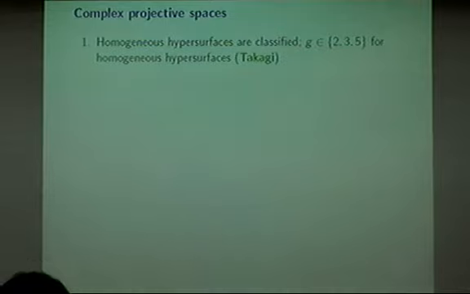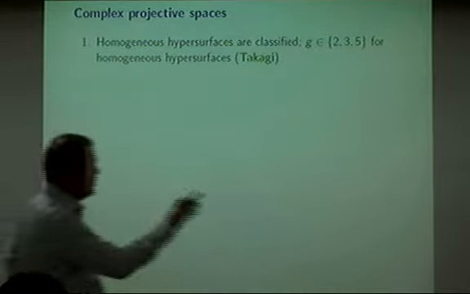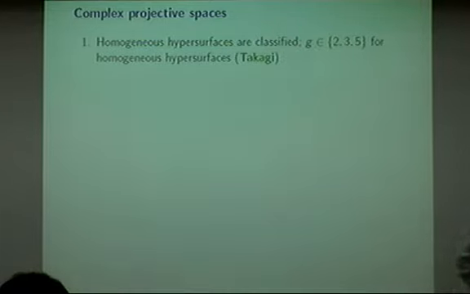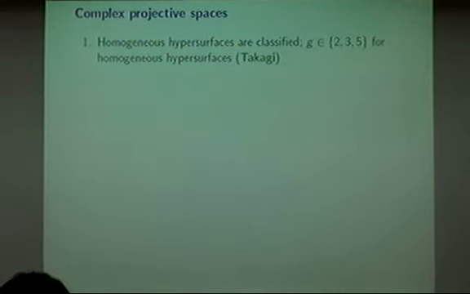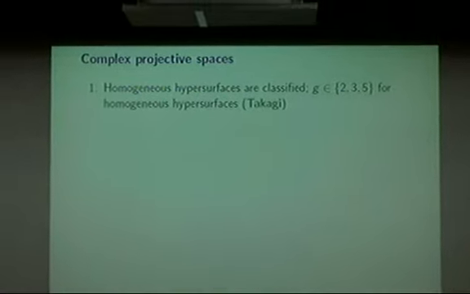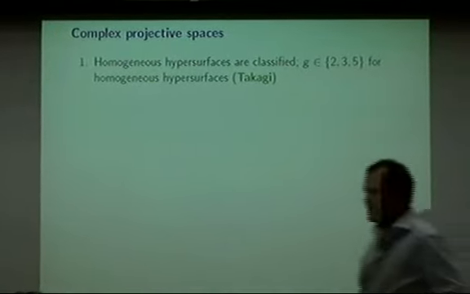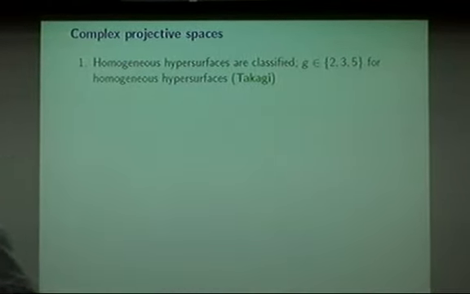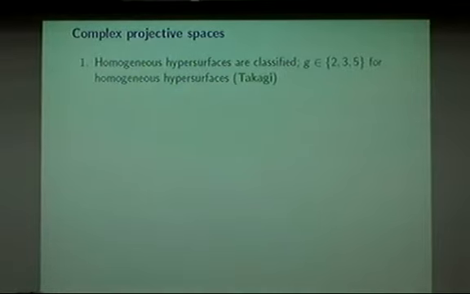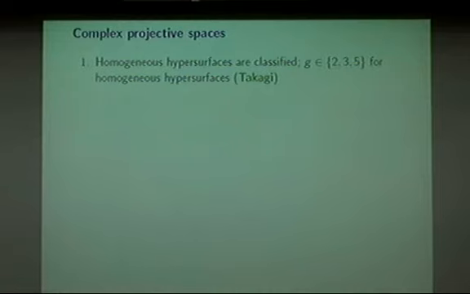So I want to go a little bit further here in my list of spaces and talk about complex projective space and complex hyperbolic space. The situation there is more complicated. These spaces do not have constant curvature. The curvature varies, but still we have positive or negative curvature, and there's quite a large symmetry group. These spaces are well understood.